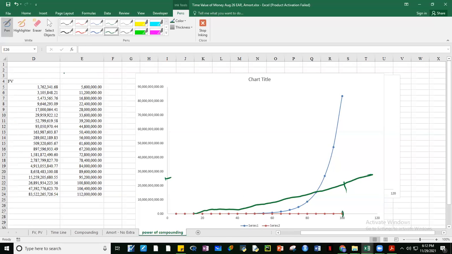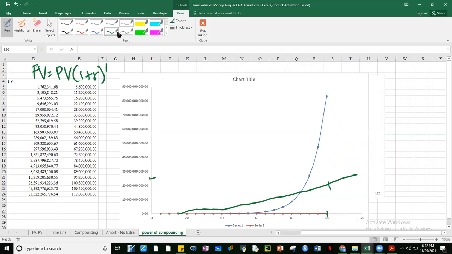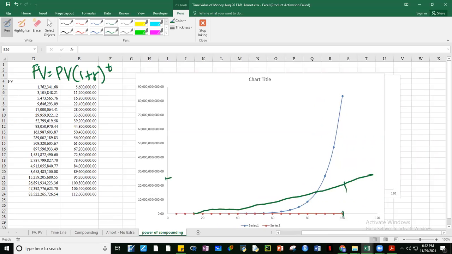But the formula is FV is equal to PV times (1 plus r) raised to the t. So this compound factor is not a linear function in t. In fact, it's an exponential function. That's why your curve behaves this way.